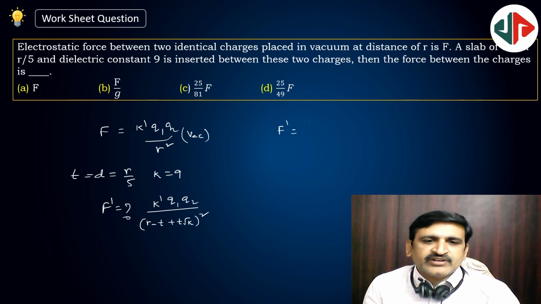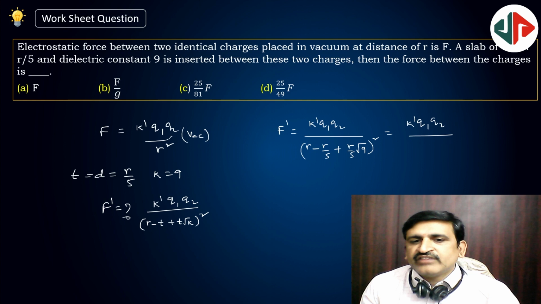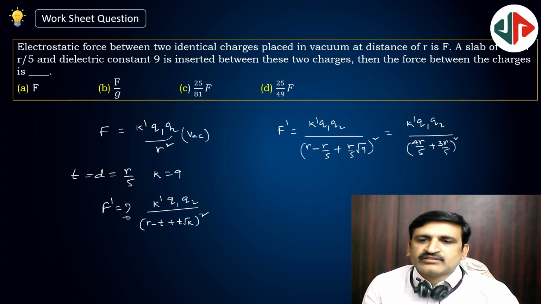F dash is equal to K dash Q1 Q2 by R minus T, where T is R by 5, plus T root K, R by 5 root over K, value 9, the dielectric constant, and it's a square, don't forget squaring. So this is K dash Q1 Q2 by 5R minus R, 4R by 5, plus this is 3R by 5, whole square. Again 7R by 5 whole square.